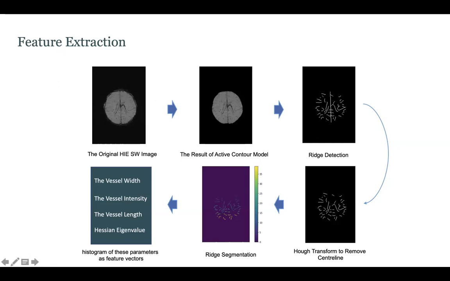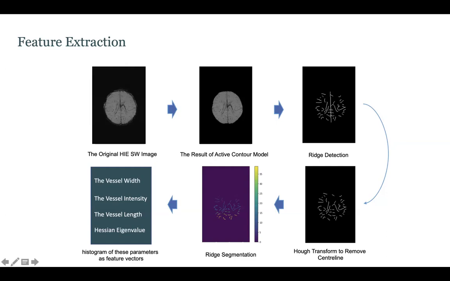Then we use ridge detection to detect the ridge of each vessel, and then we use the Hough transform to remove the center line of the brain, and then we do the ridge segmentation to segment every ridge in the brain.